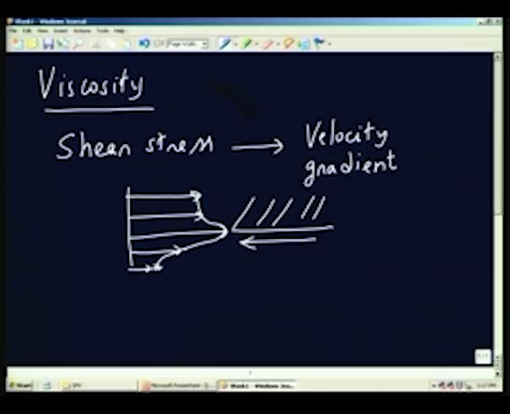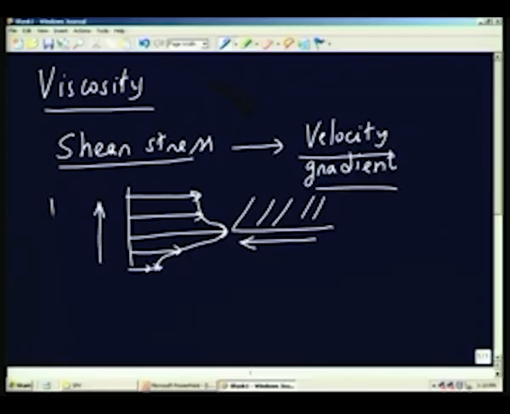So the bottom layer of the fluid is going to decelerate or tends to pull back the top layer and vice versa. So the shear stress is due to the velocity gradient. Actually, the velocity gradient is in this direction.